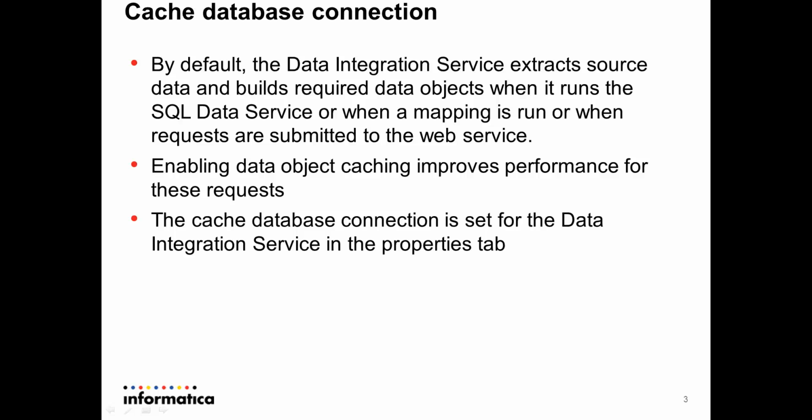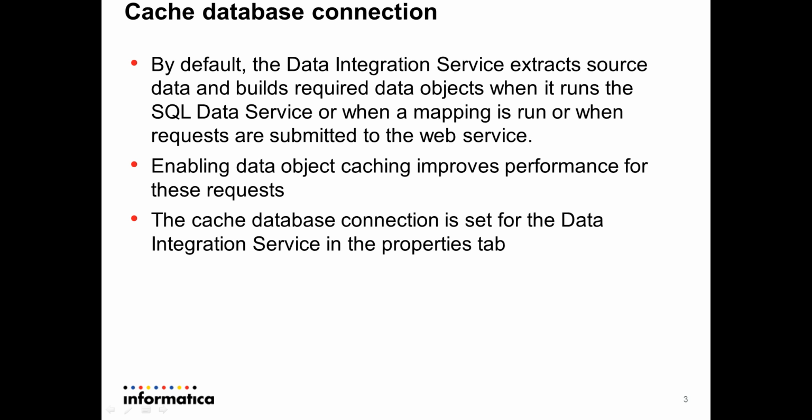This can often be time consuming, causing performance delays. For this purpose, data object caching is enabled, which improves the performance of these requests because all the data is saved in the cache database. And the cache database connection is set at the data integration service level in its properties tab.